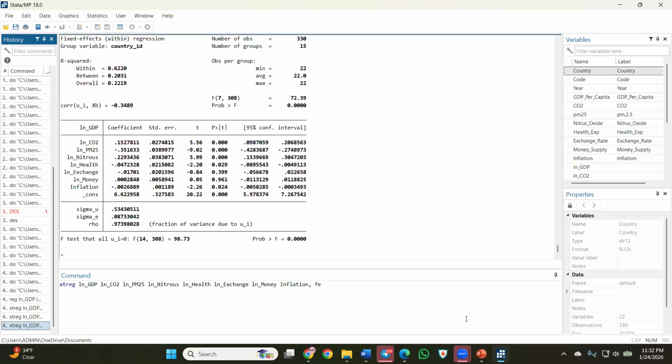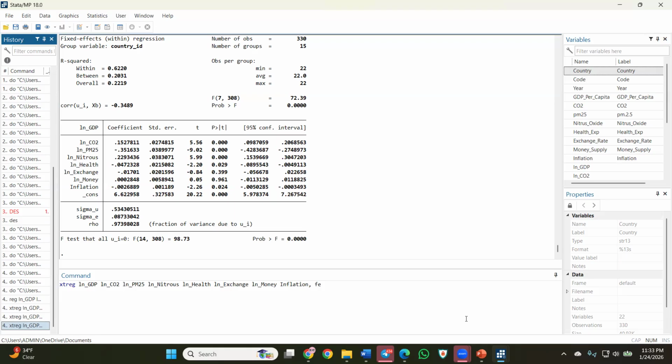When I say unobserved heterogeneity, it means the differences in the countries that we are not accounting for. It can be their culture, the country's location, business management, their governance structures, and all other things that we did not account for.